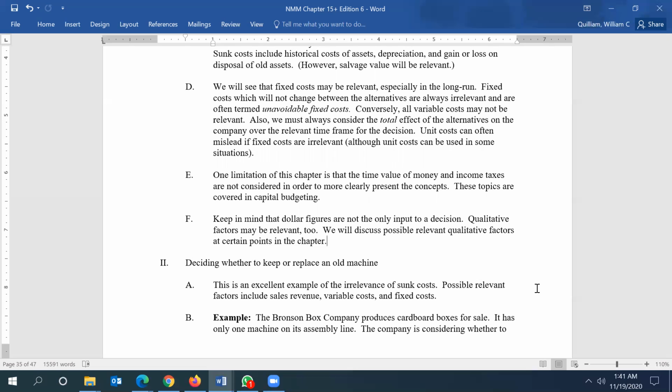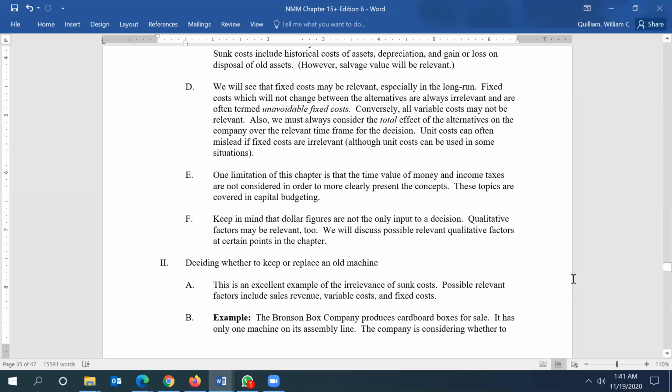Qualitative factors may be relevant too, and we'll consider some possible qualitative factors at certain points in the chapter. One thing will be quality, so it's non-numerical largely, but just something for us to consider. It's subjective.